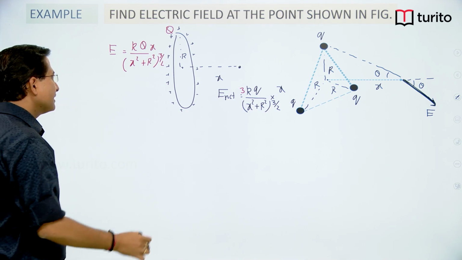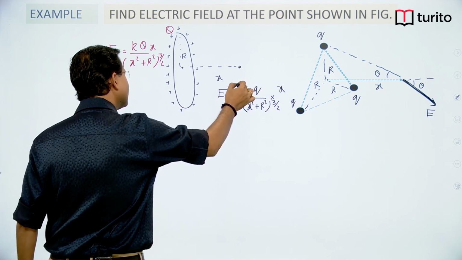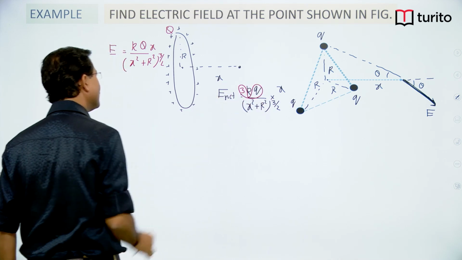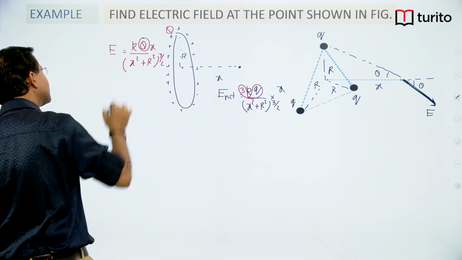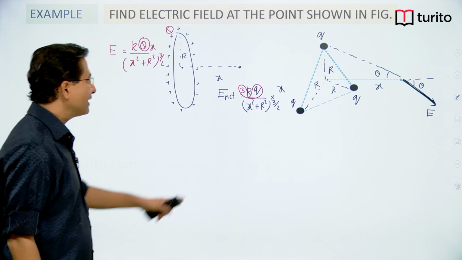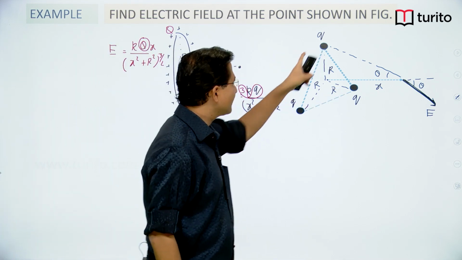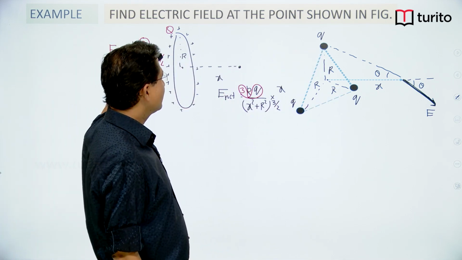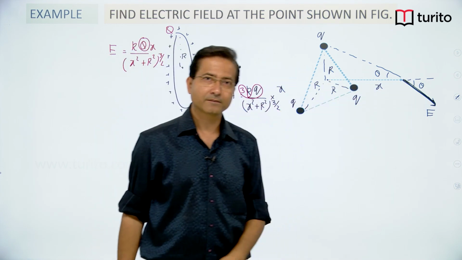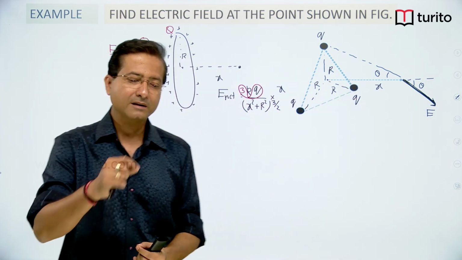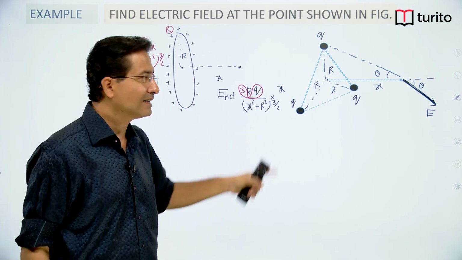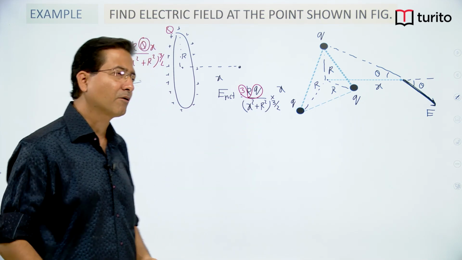So you can see this 3q is replacing this q. So I can write whatever be the total charge in this place, and I will directly get the same expression. So if you remember the result for the ring, you can easily get the result for all these types of cases.